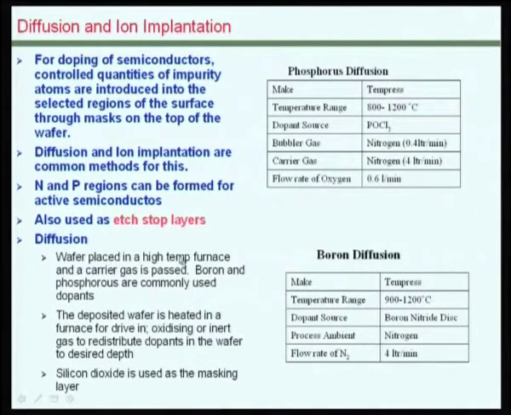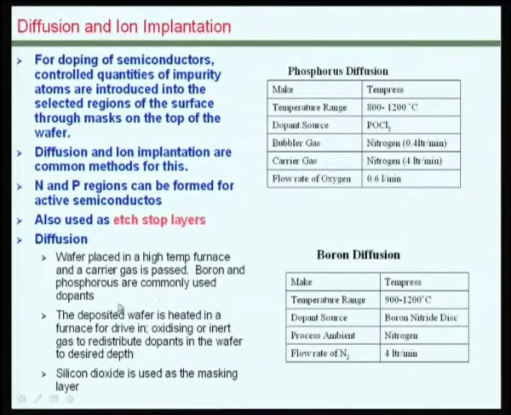And the diffusion, as the name indicates, means there is some kind of diffusing happening over there. What is happening is that from the source of the dopant, first the phosphorus or boron is transferred and sort of deposited onto the surface of the wafer.